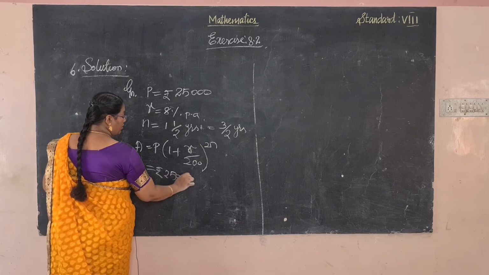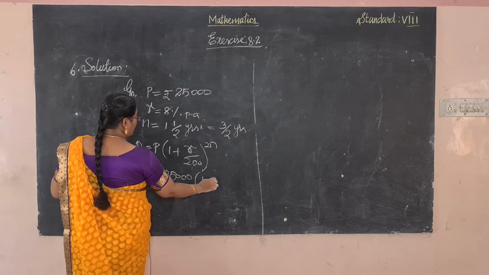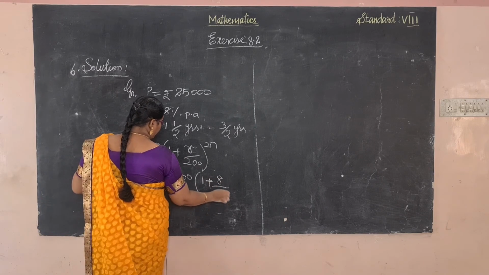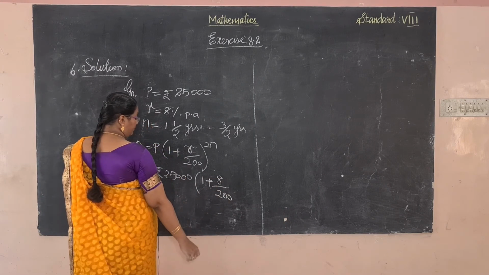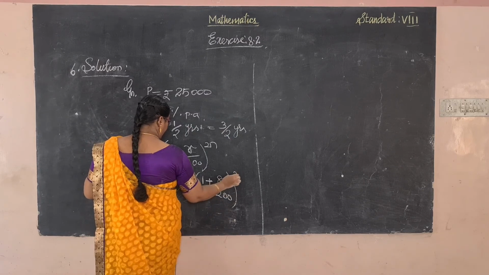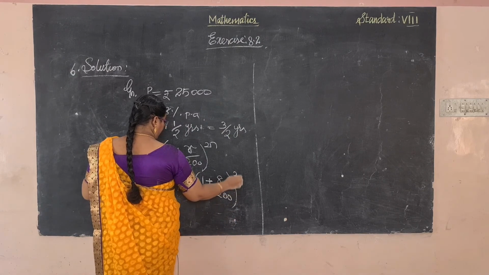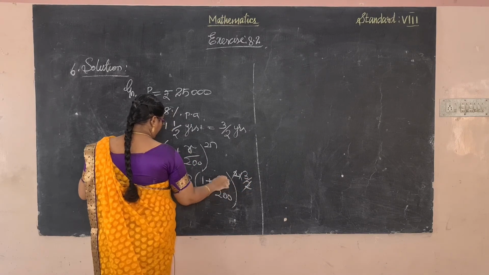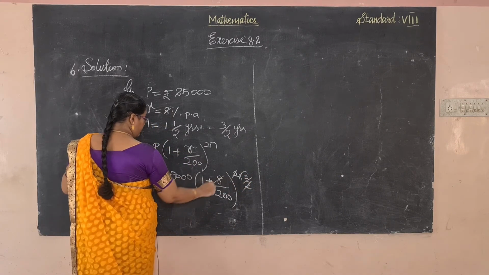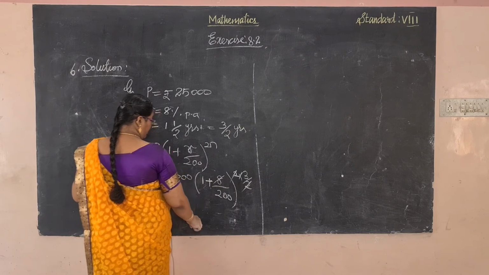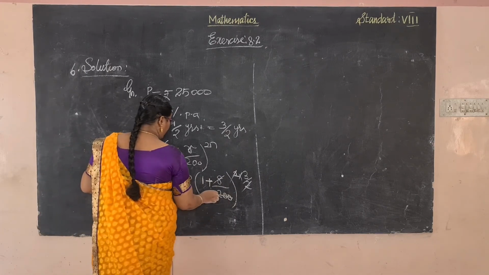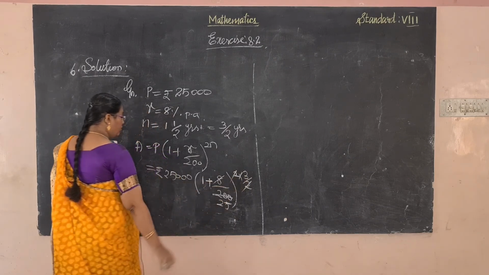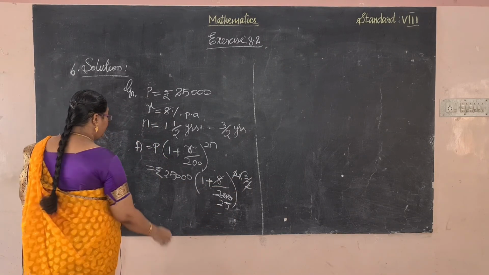25,000 into 1 plus R value 8 by 200, the whole power 2 into n value 3/2. 8 25s are 200.